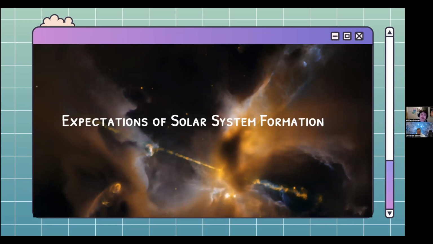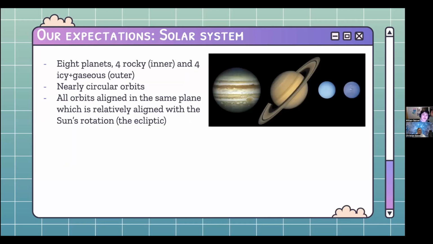So to get started, what are some of our expectations for how solar systems form in the universe? In our own solar system, we have 8 planets or 9, depending on who you're talking to. We have these 4 rocky inner planets, and then we have 4 icy and gaseous outer planets. And we also have a ton of smaller minor planets and asteroids and comets.